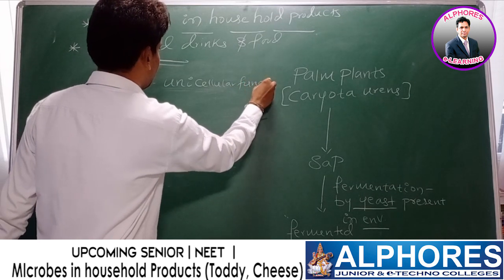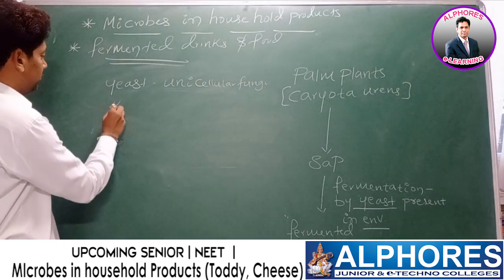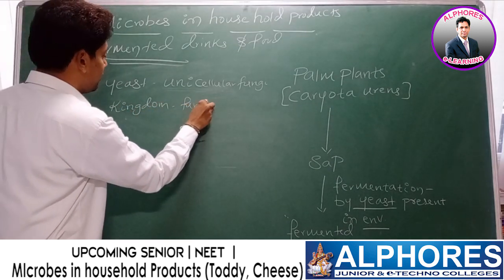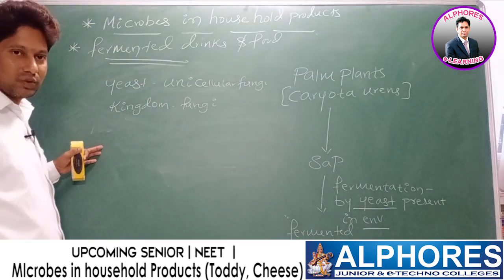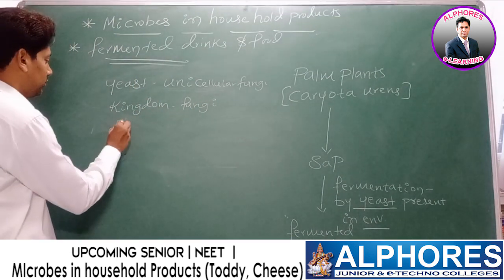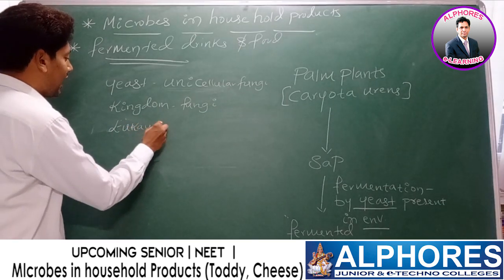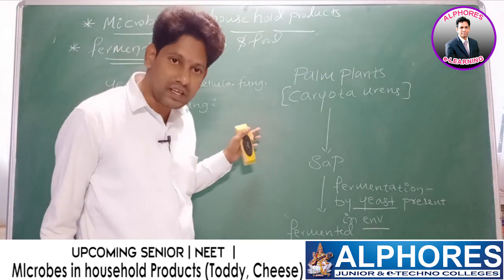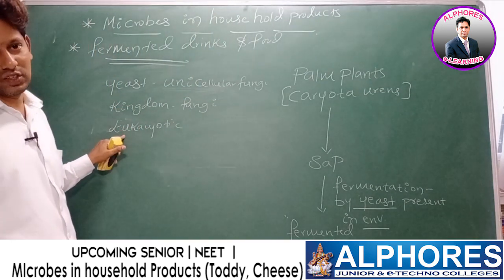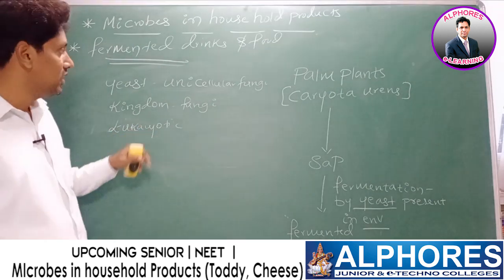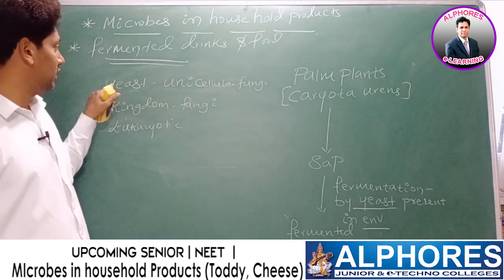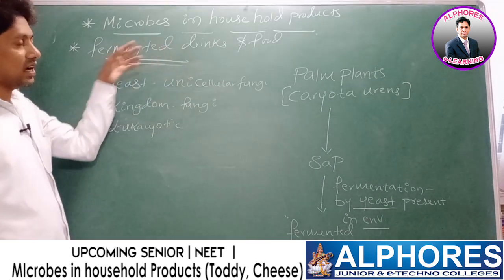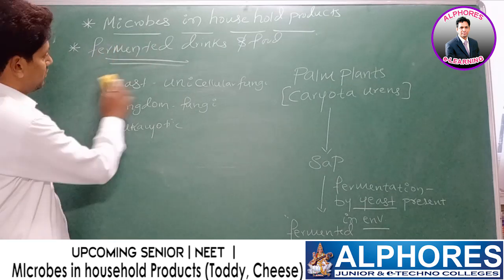Yeast comes under kingdom Fungi. Fungi is eukaryotic. Therefore, in the preparation of toddy, a eukaryotic organism is involved, a unicellular fungi, nothing but yeast. These are the statements concerned to fermented drinks.